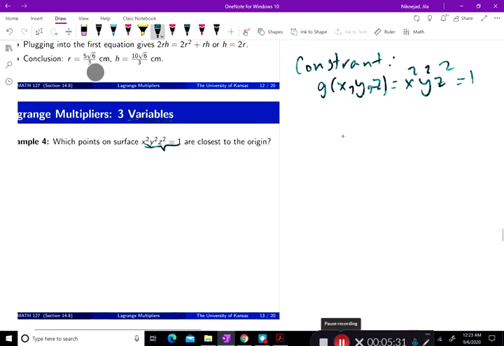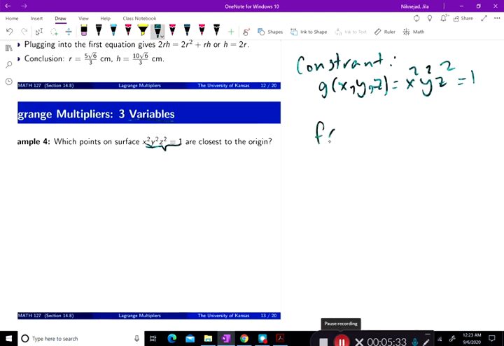And then f of x, y and z is the distance of that point from the origin. So the distance from the origin is the square root of x squared plus y squared plus z squared, right? Taking a derivative with a square root is always difficult.